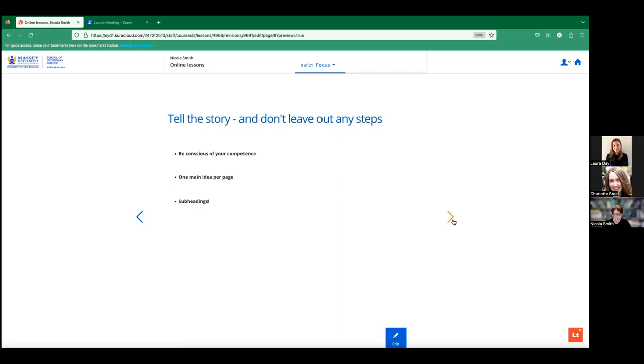So I often find my best work comes about when I'm writing about something that I'm not actually completely comfortable with. I don't know if you have heard of the conscious competence ladder. That's the theory that when you're a complete novice, like maybe one of our students getting into a topic for the first time, you are unconsciously incompetent. You have no idea what it is that you don't know.